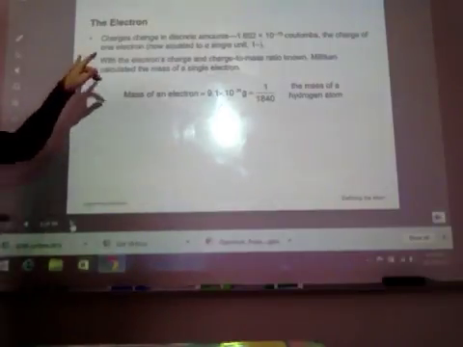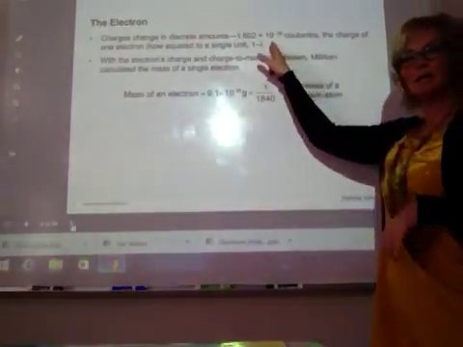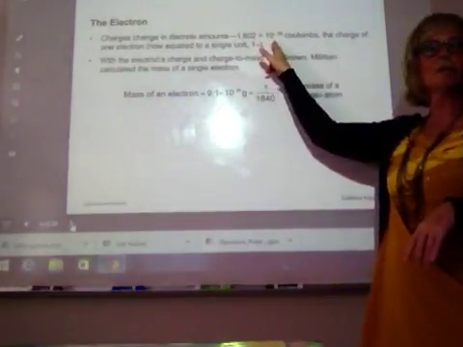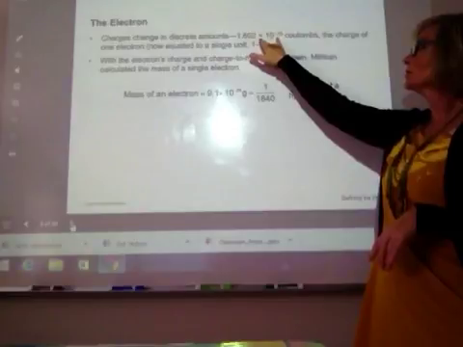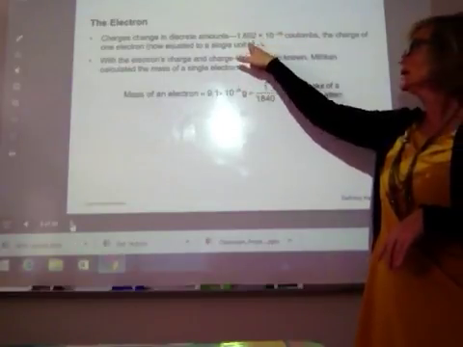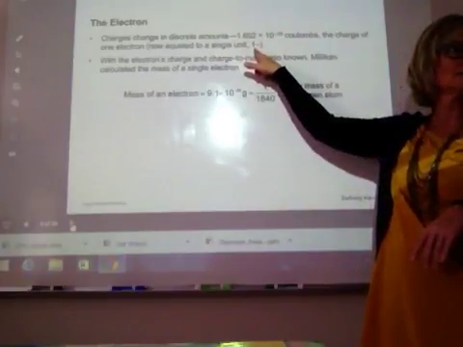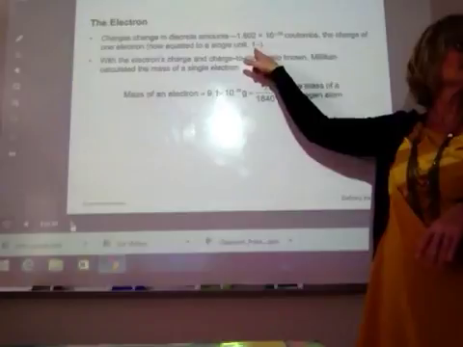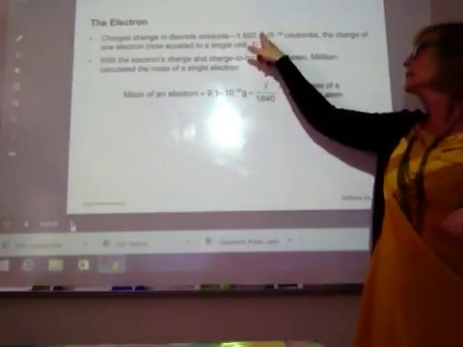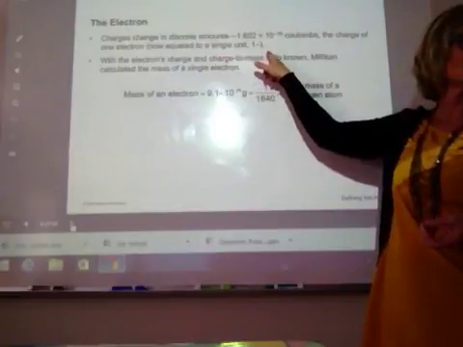Charges come in very, very small numbers. I don't really care that you know this exact number. What I do want you to know is that we take this number as a standard and we assign an electron a charge of -1. So it's almost like a ratio: this is the actual charge, and we're giving it a charge of -1.